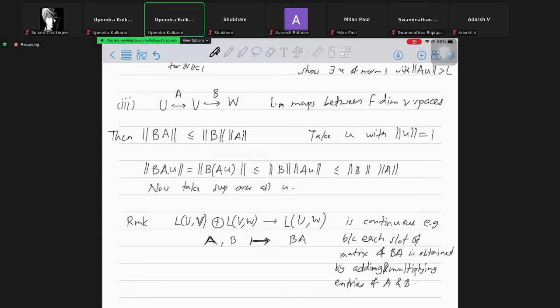But you can also try to do this exercise. Exercise: show that if An goes to A and Bn goes to B in LUV and LVW respectively, then BnAn goes to BA.